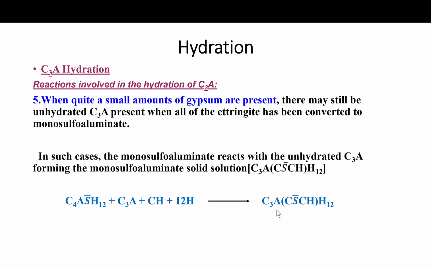So there are plenty of potential scenarios for various reactions that occur depending on the presence of the sulfate. Properly sulfated cement is a big deal, and you have to be aware of the ratio of the tricalcium aluminate to the sulfate present in the cement and its significance.